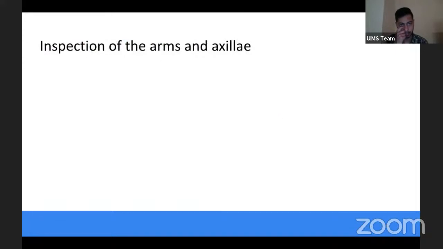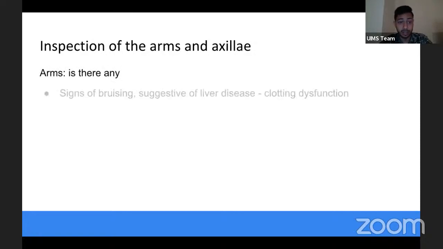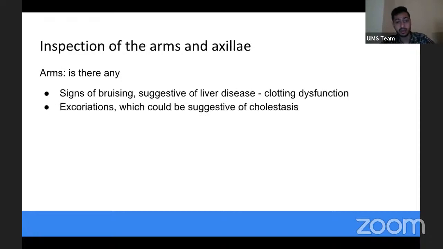Next, we're on to arms and the axillae. So for the arms, is there any sign of bruising, which could be suggestive of liver disease, especially clotting dysfunction, which is usually quite common in cirrhosis? Are there any excoriations?